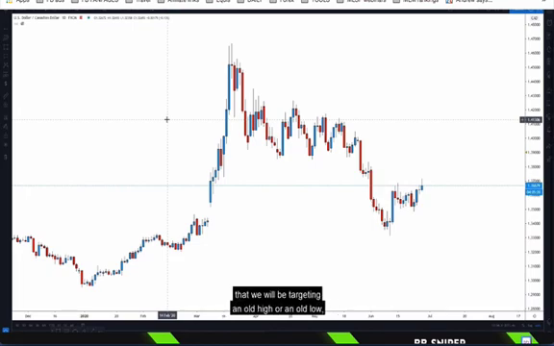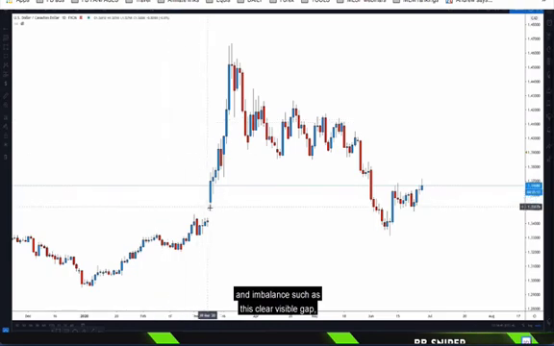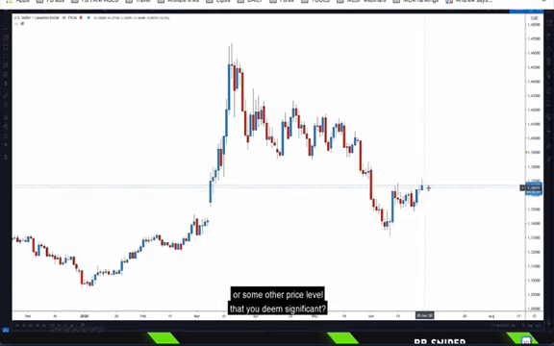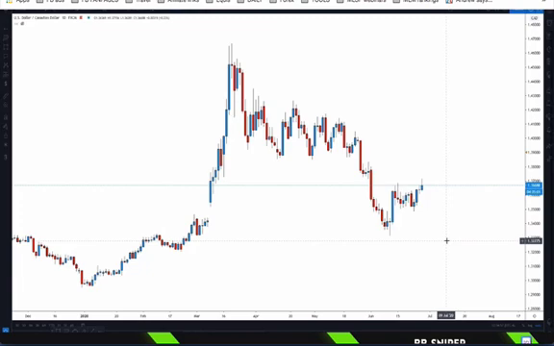And what are the probabilities that we will be targeting an old high or an old low? A psychologically powerful whole level, an obvious support or resistance level, an imbalance, such as this clear, visible gap, or some other price level that you deem significant. Realize that market structure is everything you will ever do.